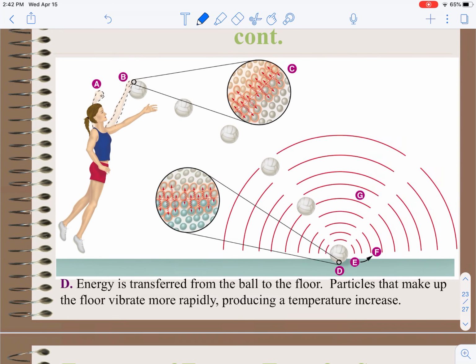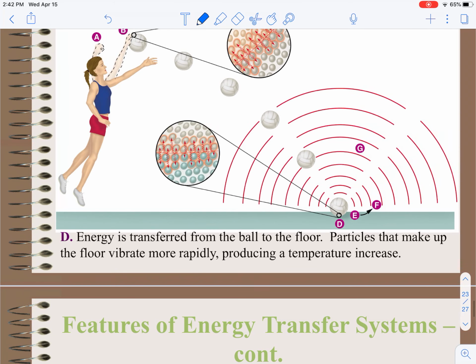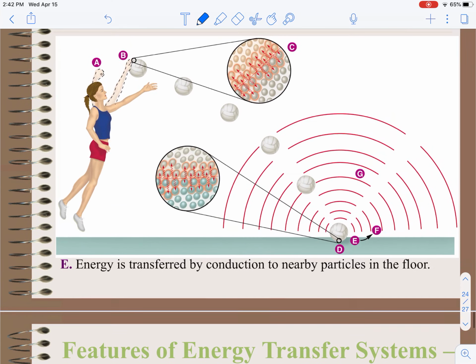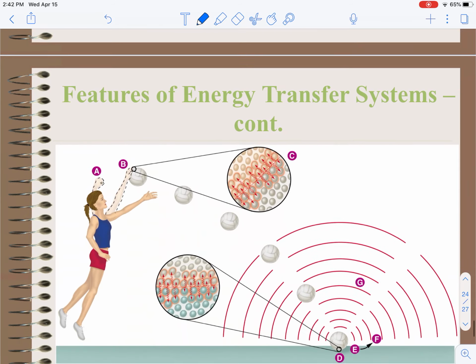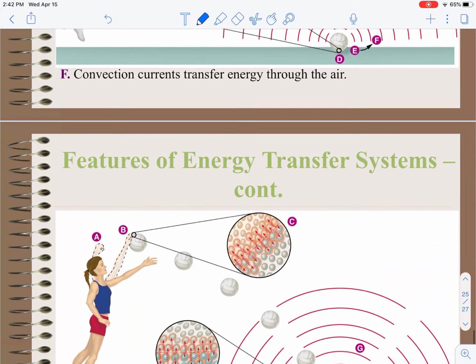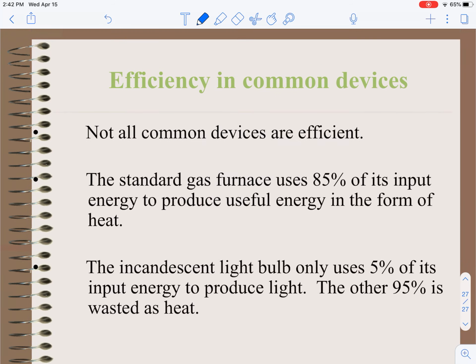And then that ball hits the floor, and there'll be a slight temperature increase on the floor. But the transformation part is where you hear the bang of the ball hitting the floor, and you hear that sound. So it goes from movement to sound energy. And that energy is also transferred into the air as well around it.